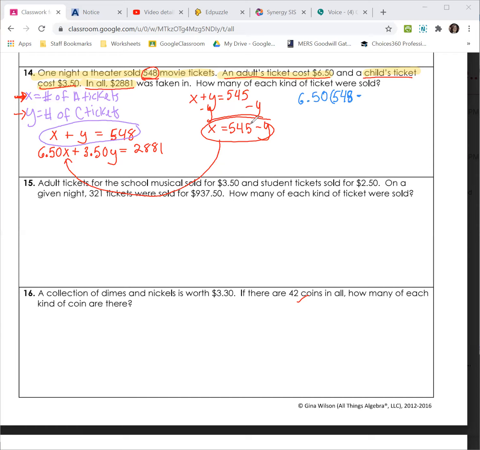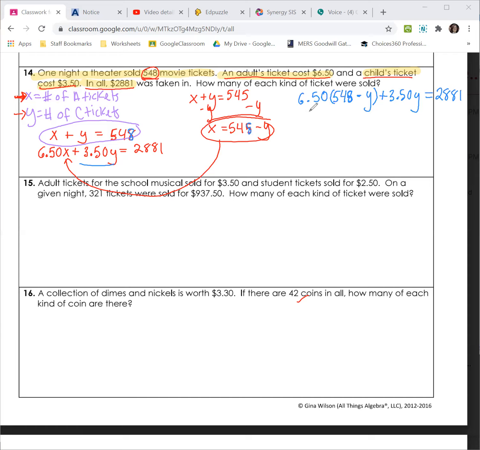I'm sorry, I've been using the wrong number. 548 minus Y, plus 350Y equals 2,881. Okay, so let's solve for this Y now.